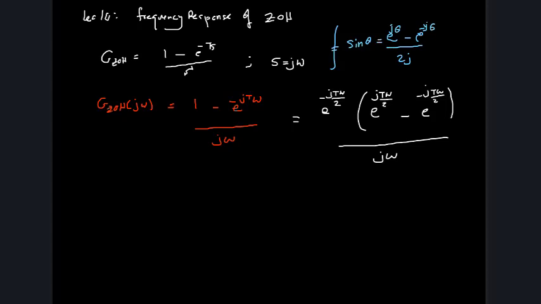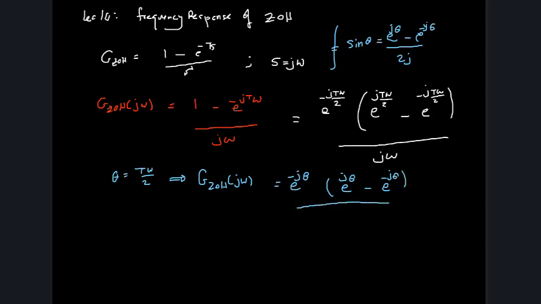So simply now I can say let theta equal T omega over 2. Then I can write the zero order hold transfer function in the frequency domain as exponential of minus j theta times (exponential of j theta minus exponential of minus j theta) over j omega.